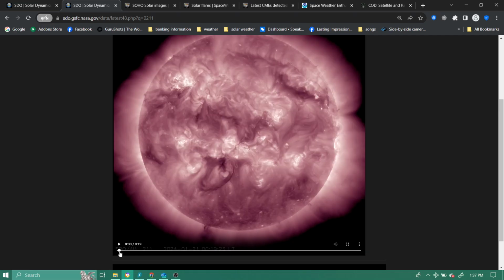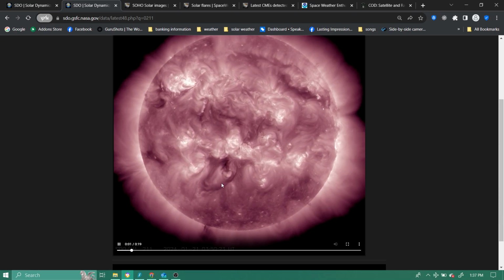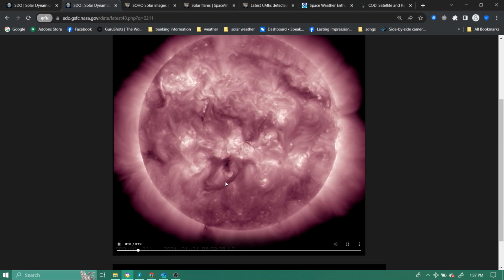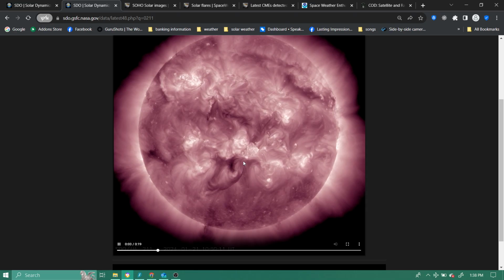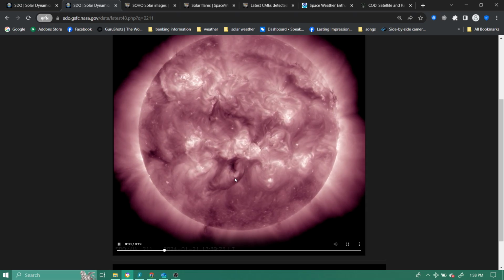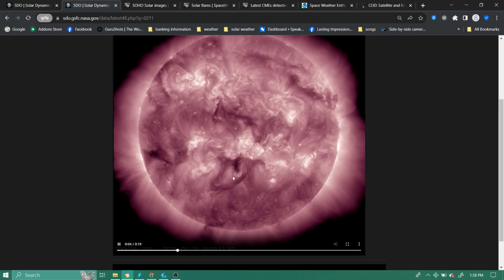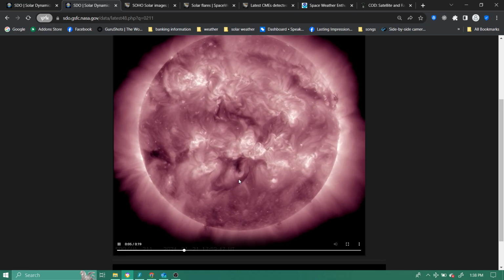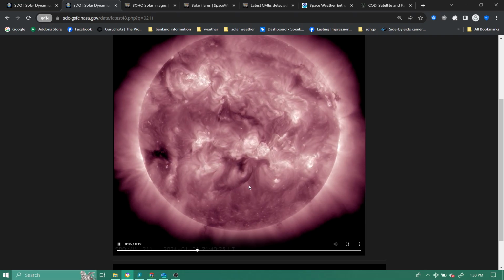And I'm going to bring this back. And again, this is slowed way down. You're looking at this loop right here. You see, this is a filament line. Here is one of our filaments, and you can see the energy building. This is starting to lift off from the sun, bigger and bigger, and you can see how it gets puffier and puffier. And there's more plasma getting sucked up in here.